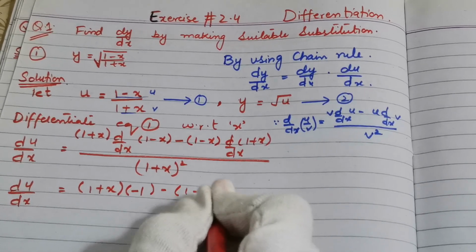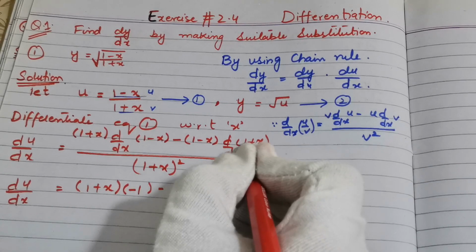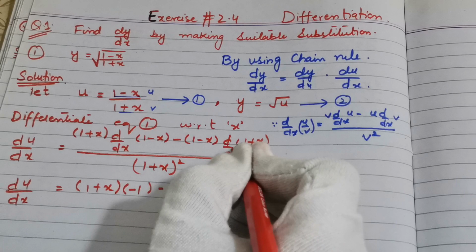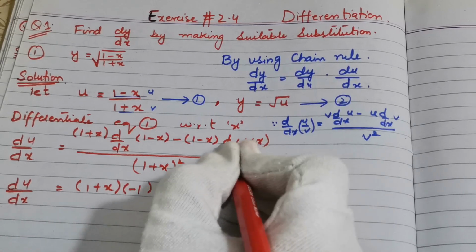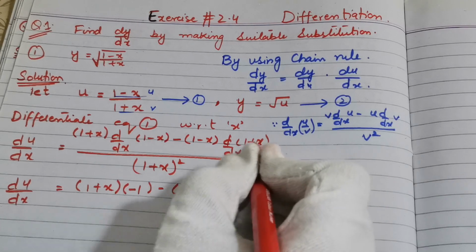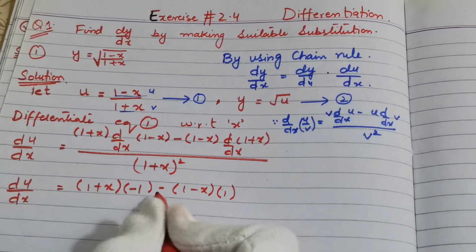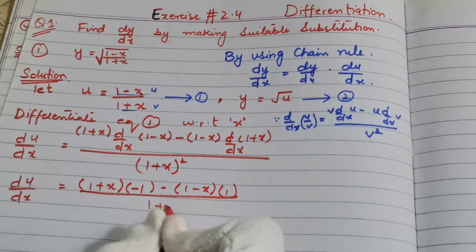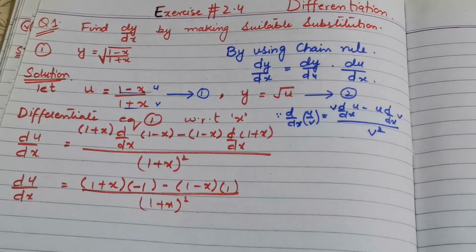Minus 1 minus x, derivative of 1 is a constant, and derivative of any constant is 0, plus derivative of x with respect to x is 1, divided by (1 plus x) whole square as it is.